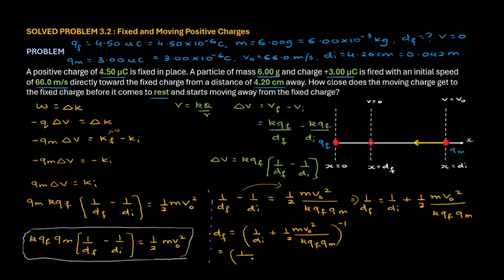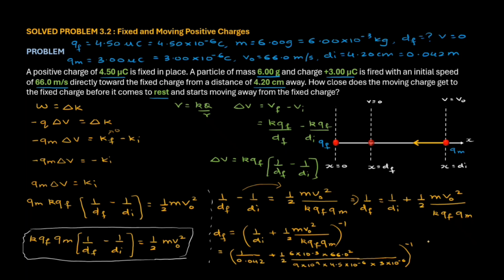We get 1 over d initial, which is 0.042, plus half times the mass of the charged particle, 6 gram, which is 6 times 10 to the power negative 3, into v squared, so 66 squared, over k, which is 9 times 10 to the power 9, Qf is 4.5 microcoulomb, so 4.5 times 10 to the power negative 6, and Qm is 3 microcoulomb, so 3 times 10 to the power negative 6, the whole thing raised to negative 1.